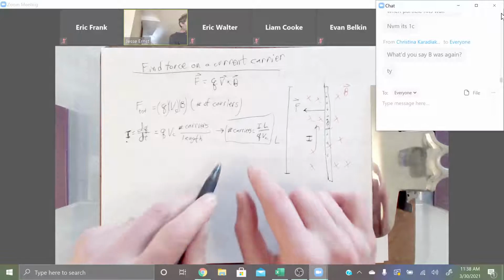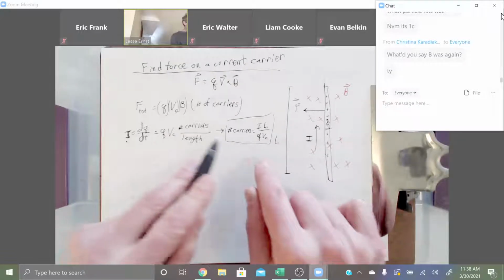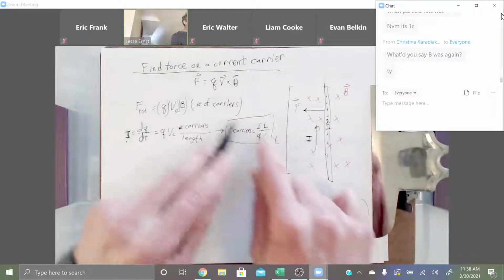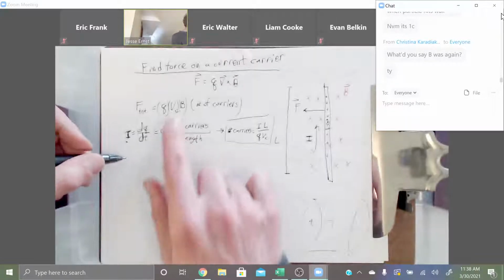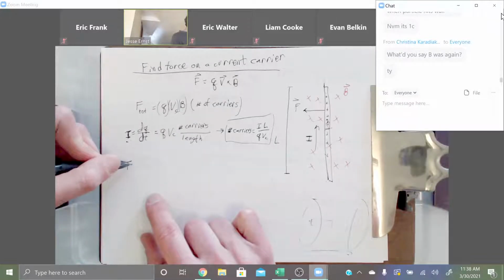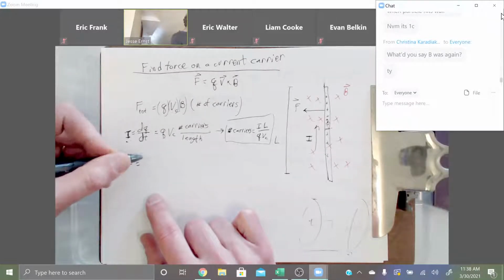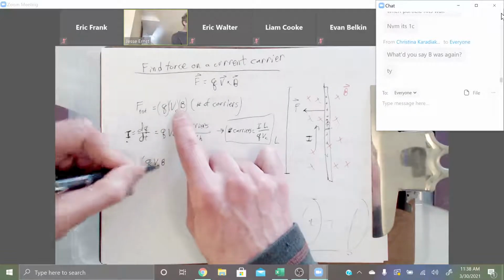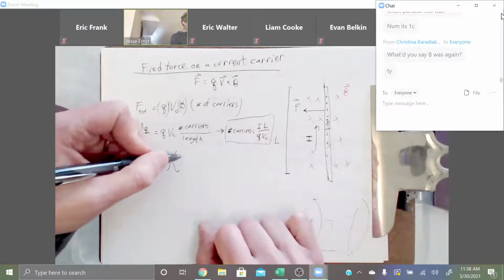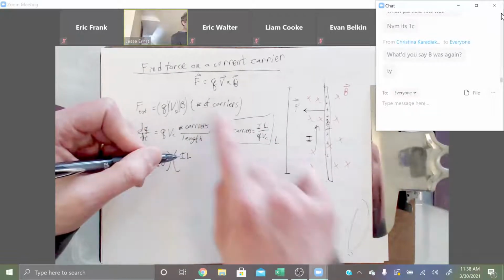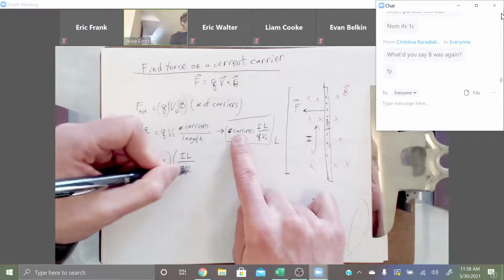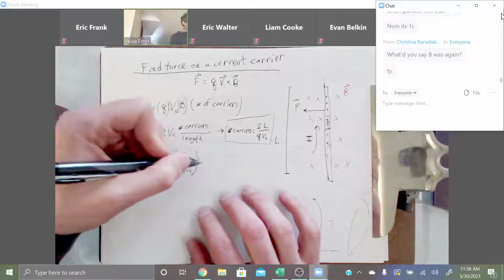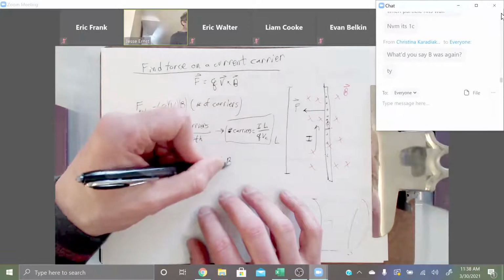So that's pretty handy, because if carriers is IL over Q times V, and we substitute that in here, this tells us that the force is going to be equal to Q VC B times I times L, over Q times VC. All right, well, now Q and VC cancel out, and that leaves us with I times L times B.